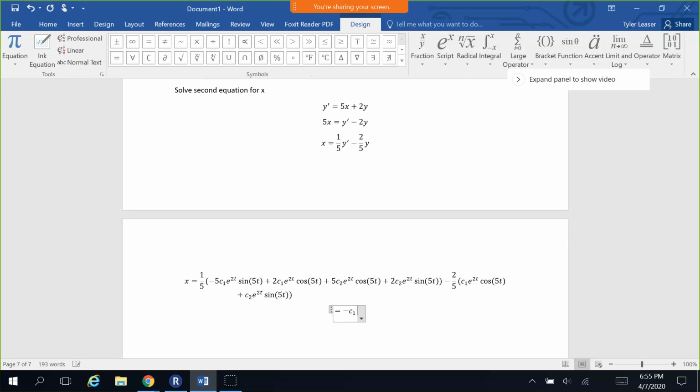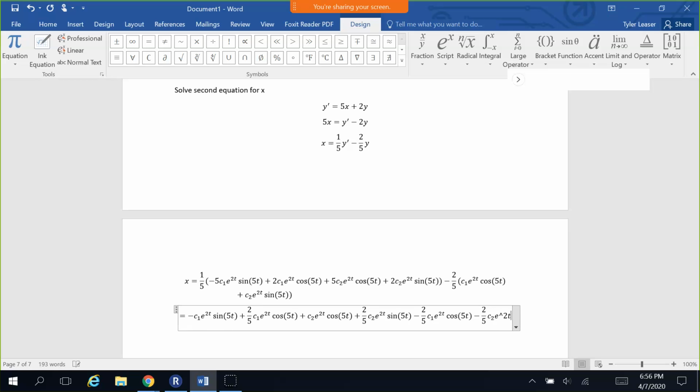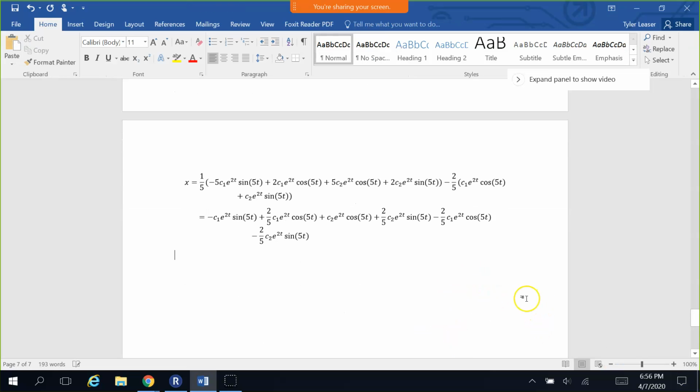So I'll distribute the 1/5 into all of that. Distribute the negative 2/5 into the other one. Alright, looks gross. Kinda is. But hopefully we can combine some stuff together.